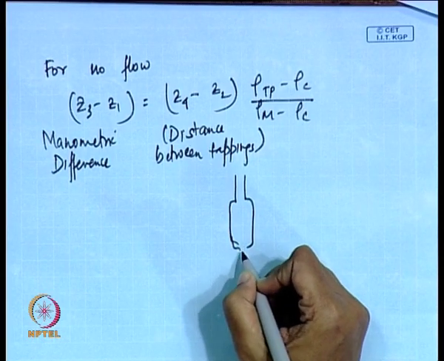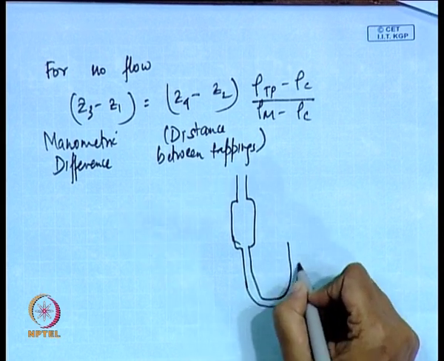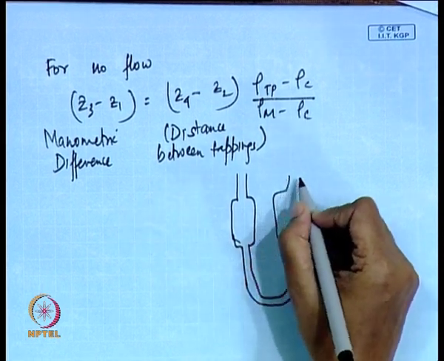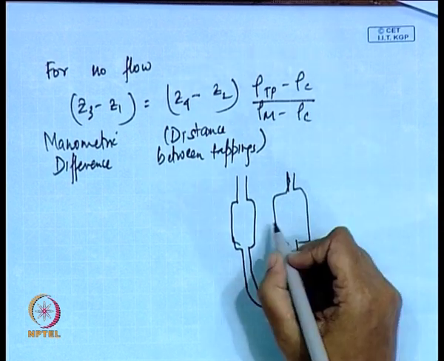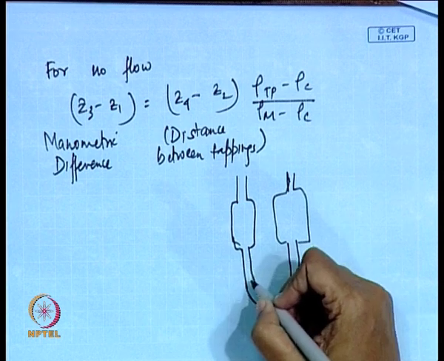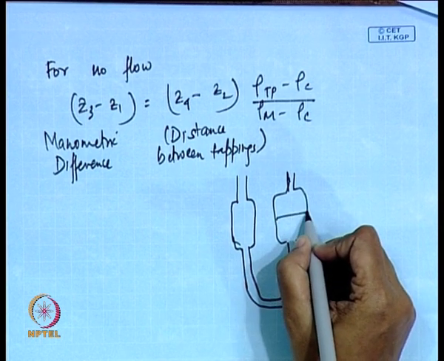If you draw the diagram of a manometer which is usually supplied to you, I do not know whether you have ever noticed or whether you have ever thought why the manometer is made in this particular way. This is usually the manometer which is made. Why do we do this? Because whenever the liquid tries to come up, at least here the level rise will not be much.